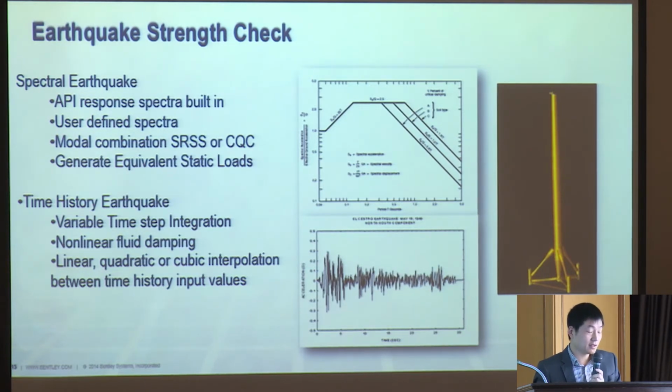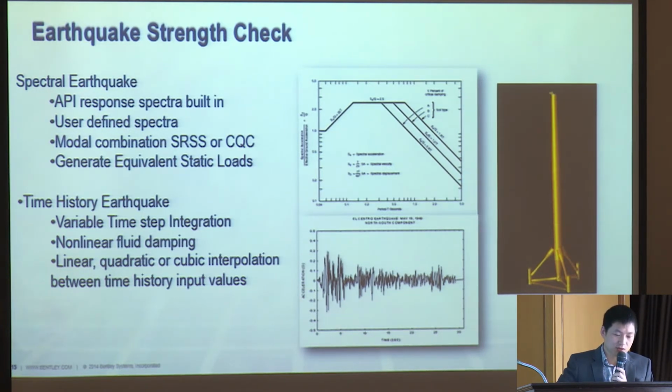We just define the different points on the curve, right? The x value is the period and the y value is the acceleration.